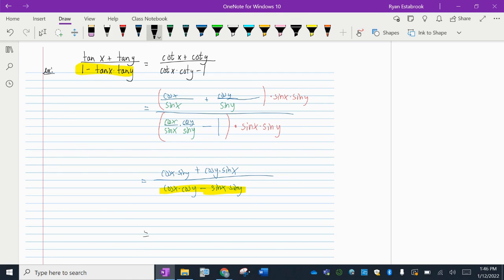What is this supposed to be from the left-hand side? Isn't it supposed to be 1? So what if we divided, normally we multiply, what if we divided, what would I want to divide this by so it becomes 1? Cosine y times cosine x.